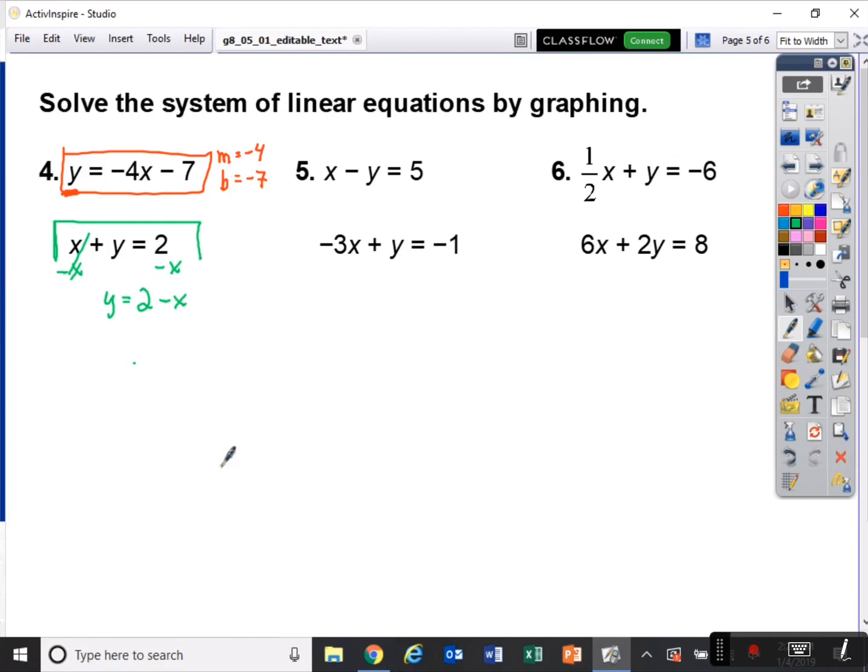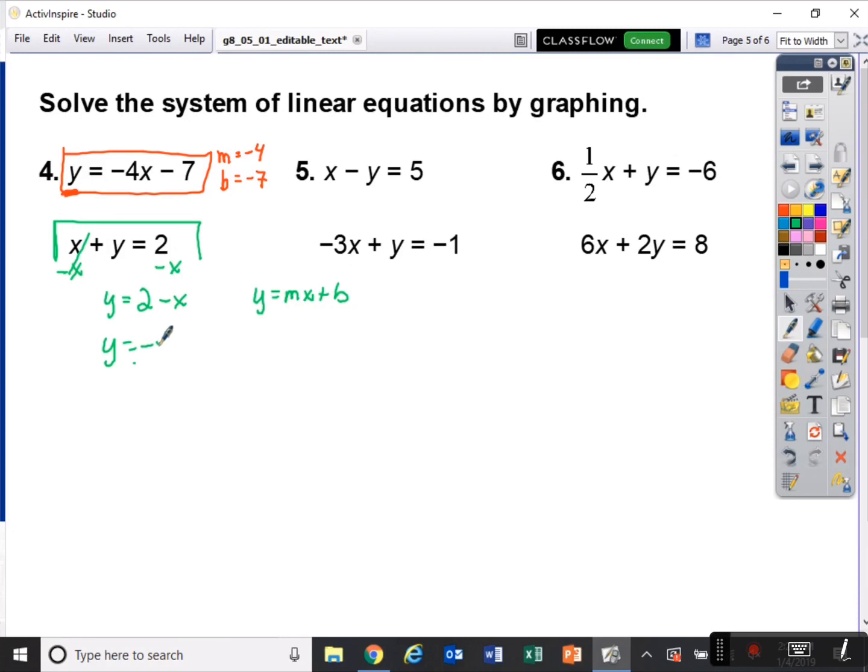But here's the problem. In slope-intercept form, it's y equals mx plus b. The x always comes first. So we need to reorder this. I need the x to be in front. Now, this minus is also a negative that goes with the x. So I'm not just moving the x in front and switching the numbers around. I have to move the sign with them.